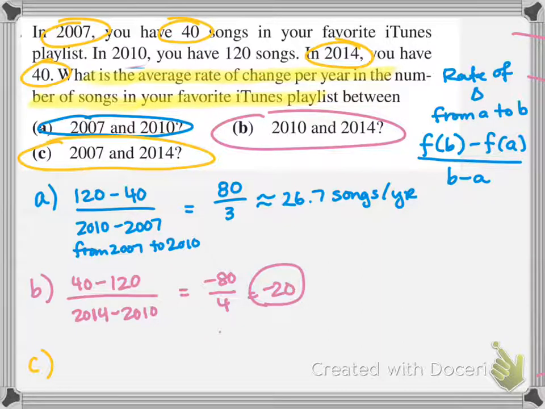When you do the song difference up top, 2014 to 2007, you get a change of 0 songs over the 7-year span. So 0 is your average rate of change. It just indicates that from 2007 to 2014, regardless of how many were added or deleted from year to year, on average, there was no change at all. So you just have a 0 rate of change. Okay?